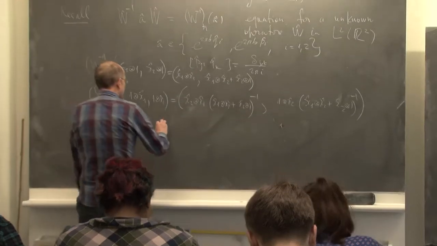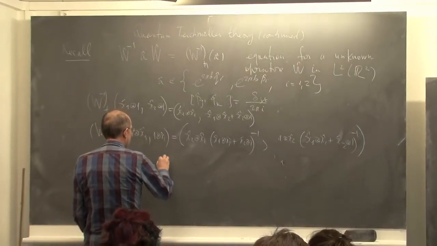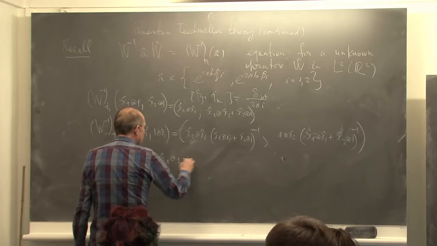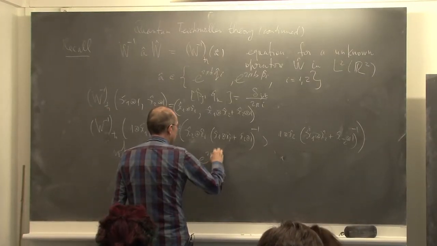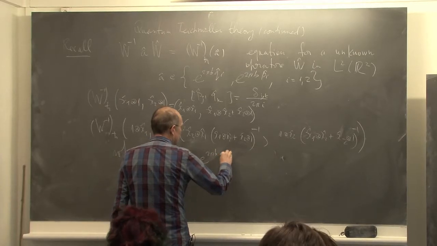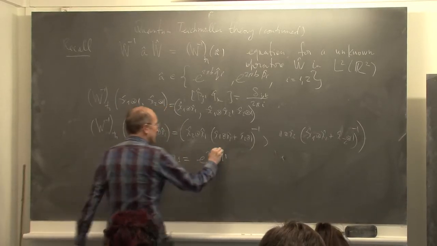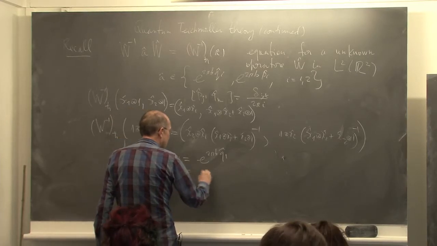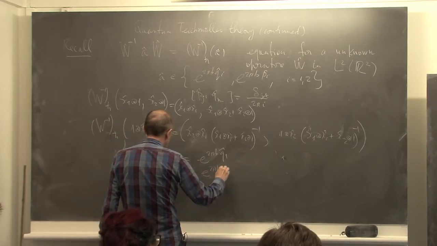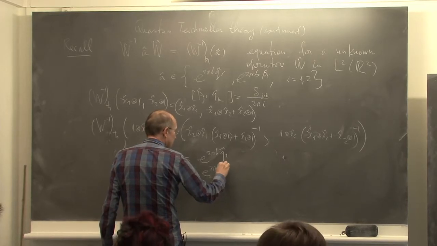So where, we identified x1 hat tensor 1 is realized like e to the 2 pi b q1. x2 tensor 1 is realized like e to the 2 pi b p1.